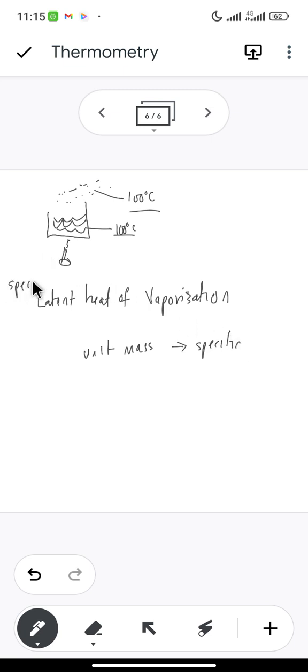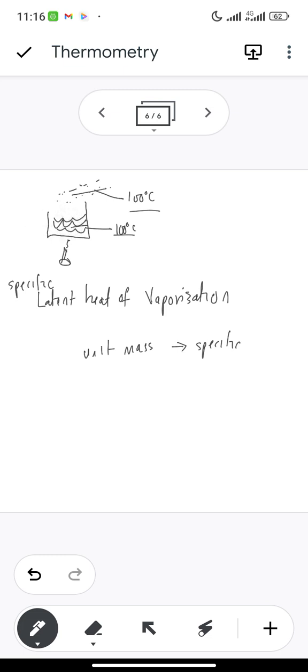This is specific. Similar to the previous definition of latent heat of fusion, please add specific to it. That's also specific because we're talking about a unit mass. Understand? So you can note down the definition. It can be defined as the amount of heat required to convert a unit mass of liquid to vapor without a corresponding change in temperature.